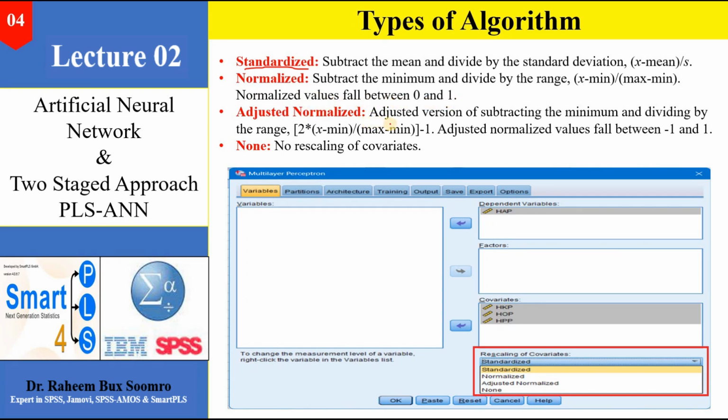And adjusted normalized, which is an adjusted version of subtracting the minimum and dividing by the range. And then none, which means you do not want to provide any rescaling of the covariates. So these are the four types of rescaling covariates available, and in this way you can rescale. Normally we use standardized.